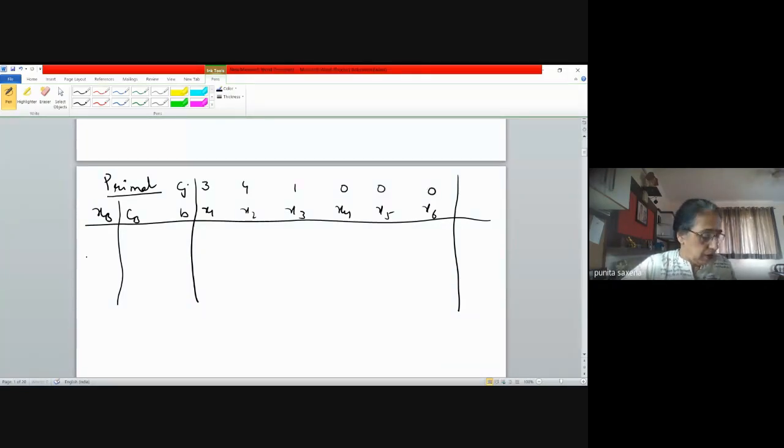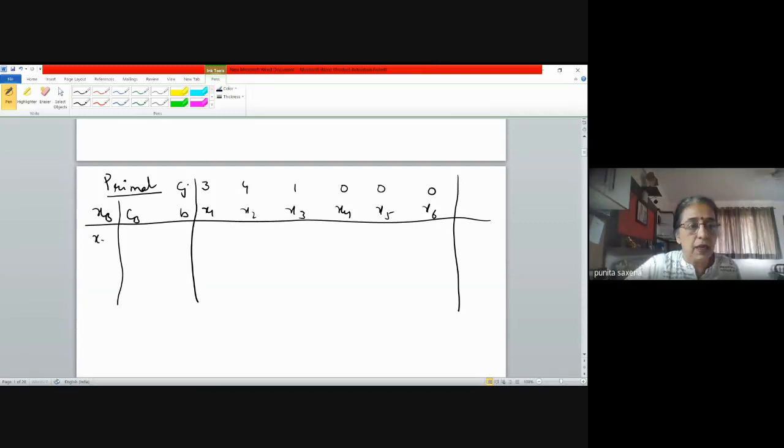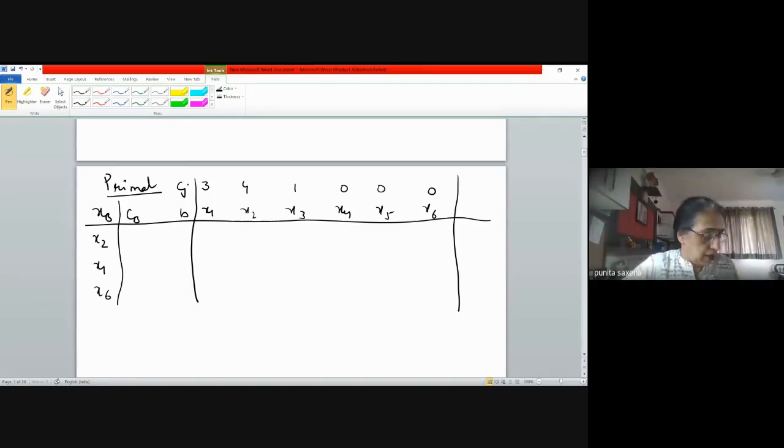Now your optimal basic variables for the primal would have been x2, x1, x6. I'm talking of the optimal table only.